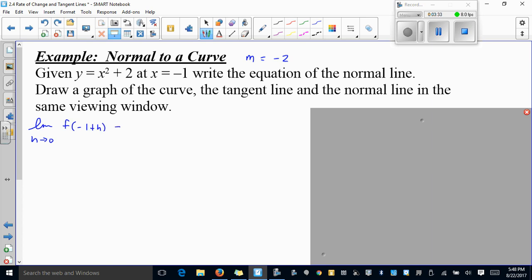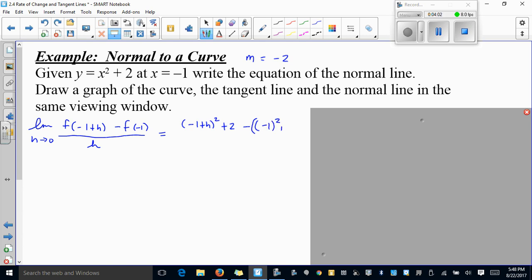So this is going to give us (-1 plus h) squared plus 2 minus (-1) squared plus 2, all over h.